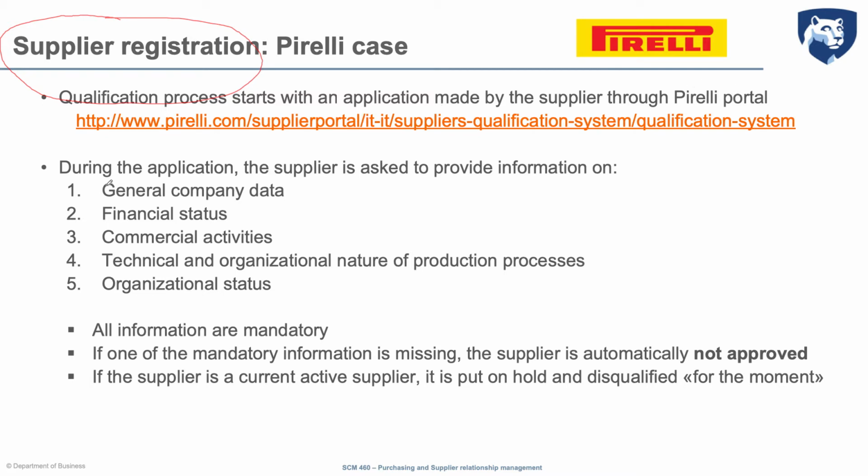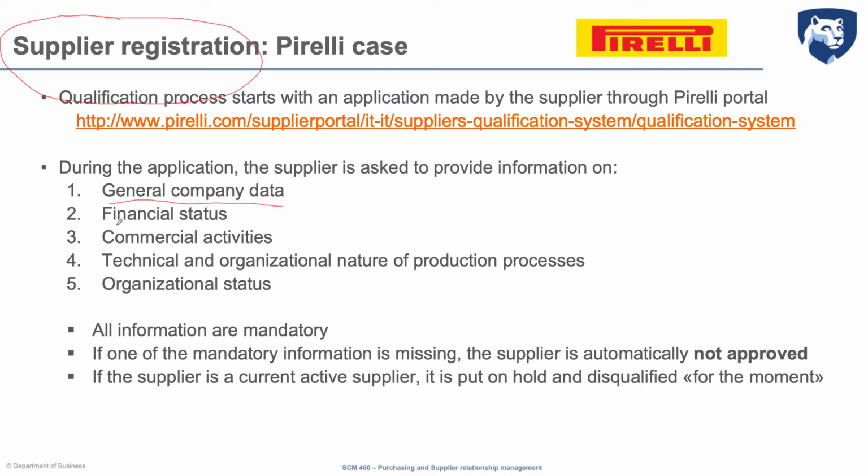During their application, in terms of a pre-evaluation questionnaire, they need to provide general company data: which plants, which type of geographical distribution, employees, names of their management, where their headquarters are, where their offices are, and so on.